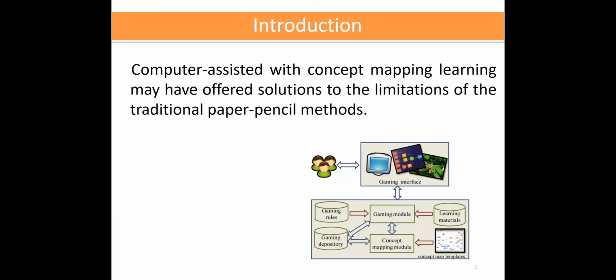Compared to paper-based maps, the computer-assisted maps may facilitate the modification of nodes and links and make it easier to draw and revise the structure. And moreover, computer-assisted concept maps can combine with multimedia systems to present the reading content in ways that give the learner a strong impression of the articles.